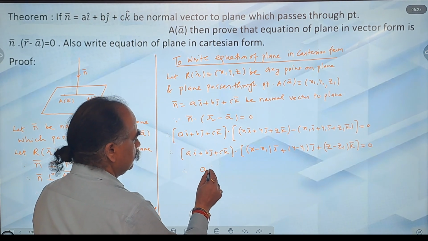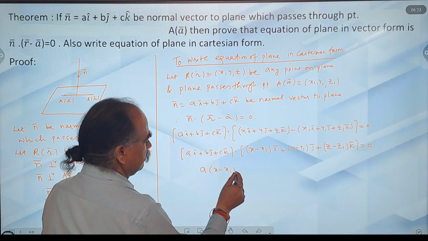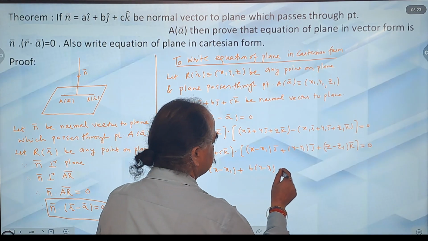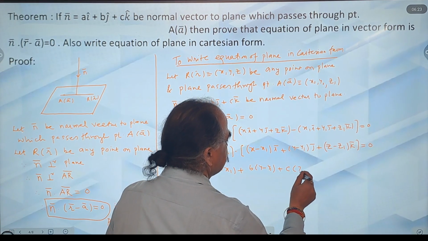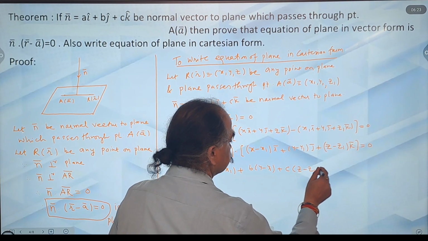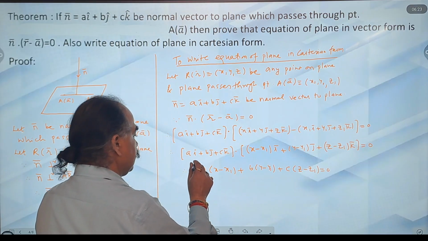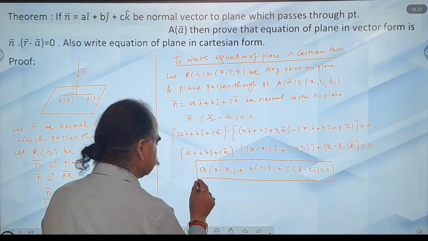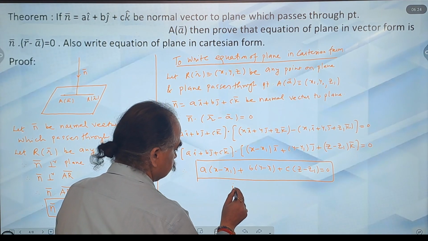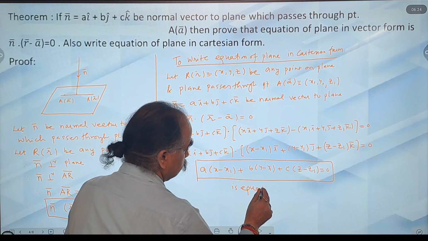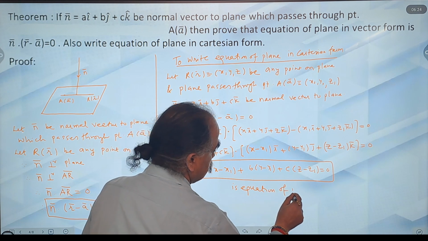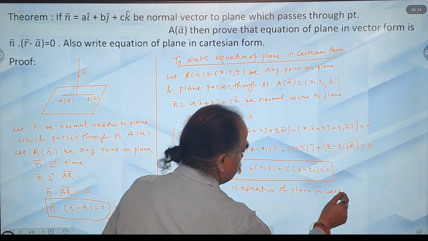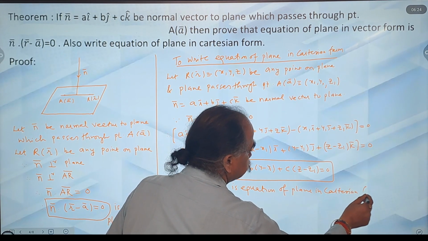So a into x minus x1 plus b into y minus y1 plus c into z minus z1 is the equation of plane in Cartesian form.